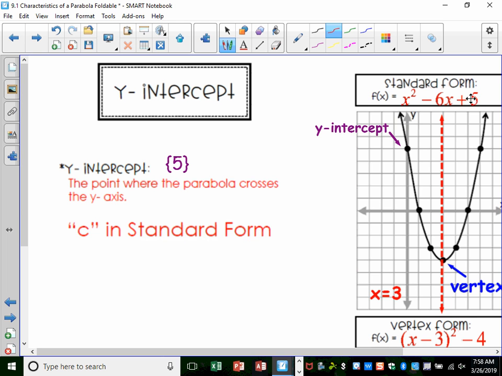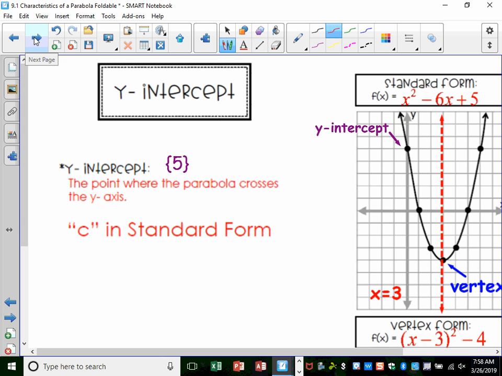See how it says +5? That is your y-intercept. When it's in standard form, the c would be your y-intercept. And then, of course, you can look and see what it is. You can just look on the graph and say, okay, it's crossing right here on the y-axis at 5.